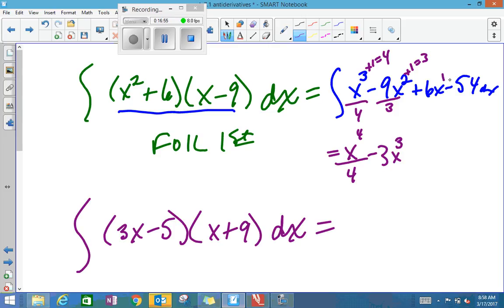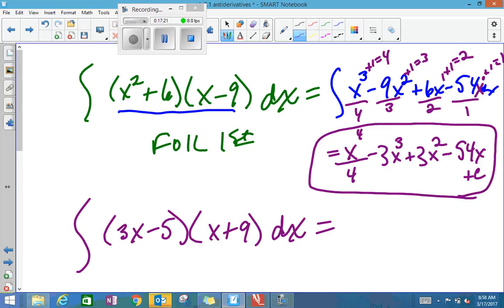Our exponent is 1, we add 1, we get 2, divide by 2, we get 3x squared. 54, you have to picture that as having x to the 0. We add 1, we get 1, divide by 1, so it becomes negative 54x plus c.